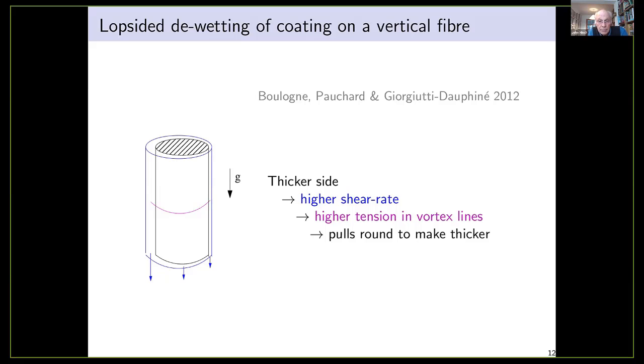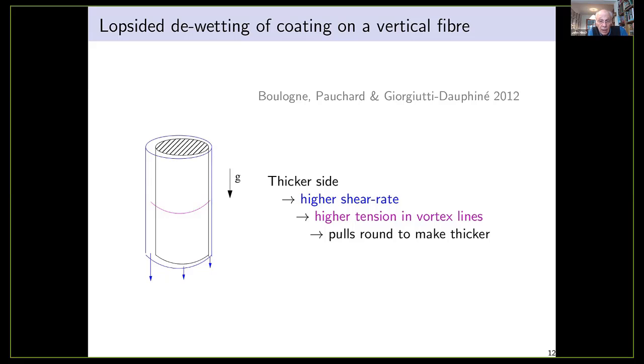The mechanism is this N2. As the blue liquid is falling down the stationary black fibre, we have shear, and we have a higher shear rate on the left-hand side where the coating is thicker.